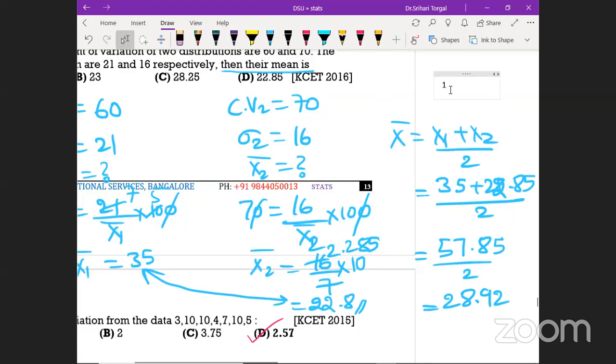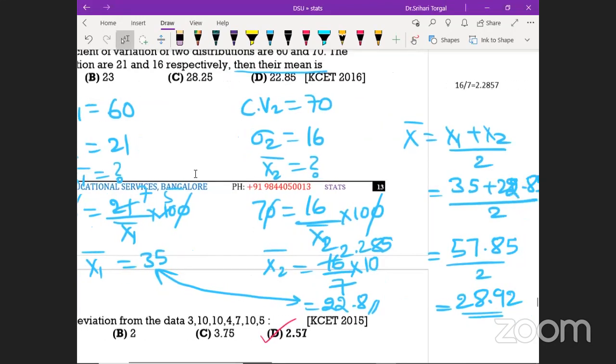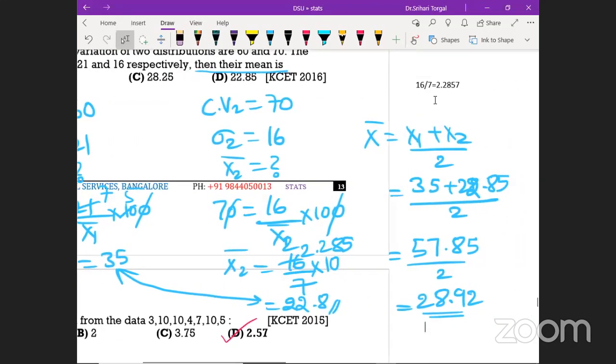Let me check. 16 divided by 7 is 2.285, so 22.85, it is right. 22.85 plus 35. What is the mean value?